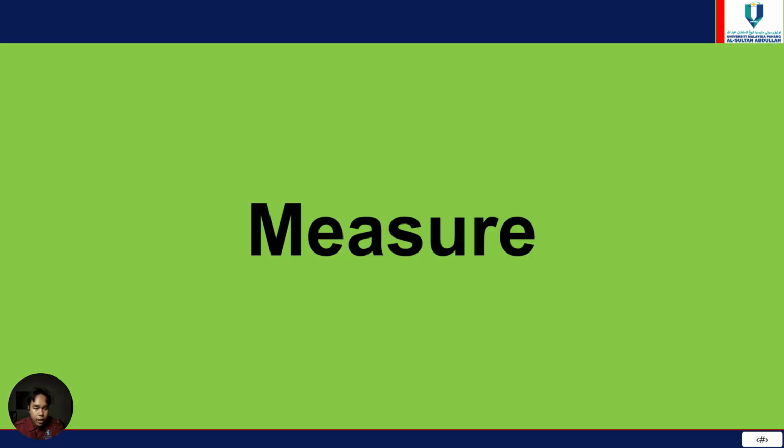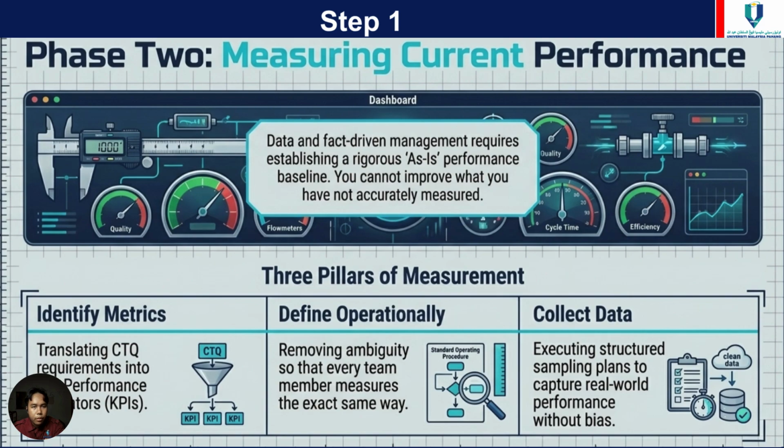Okay, now we move to measure, the second phase of Six Sigma. So, measuring current performance. This is the phase where we collect data and measure the currently available performance, where data and fact driven management requires establishing a rigorous performance baseline.